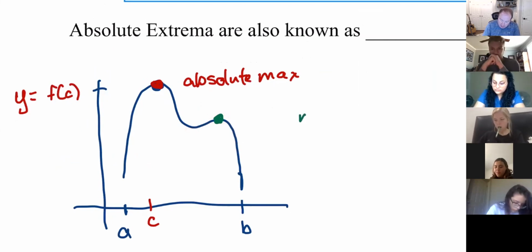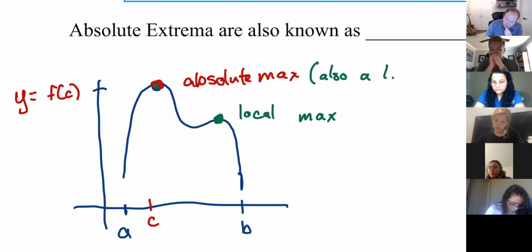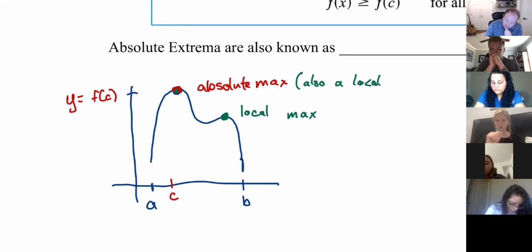So we do still have a maximum, but this is referred to as a local maximum. And what's actually pretty interesting is we have more than one local maximum. For example, this right here is also considered a local maximum. If you think about, is this point on the graph higher than what's around it? Yeah. So therefore, you could consider that this is also a local maximum.